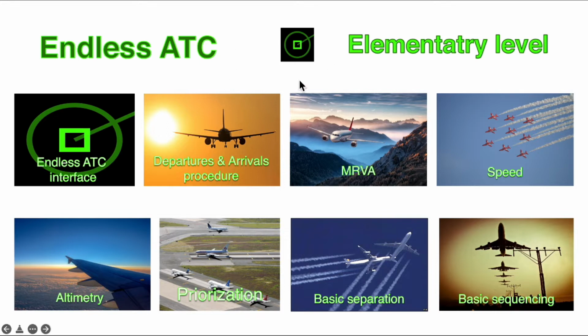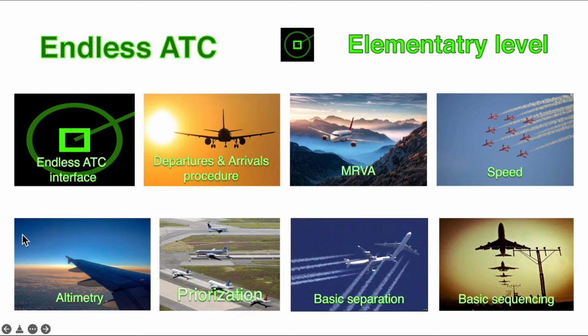Also, we're going to talk about the minimum radar vector altitude, because it's a concept that is very important for the part of the approach control. And also we're going to talk about the influence of speed, because speed is a very important thing to bear in mind when doing sequences and controlling in aviation in general.